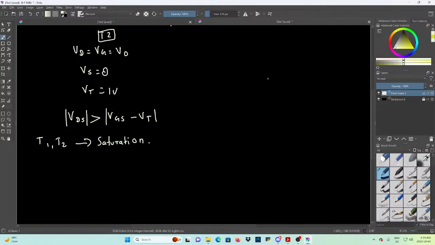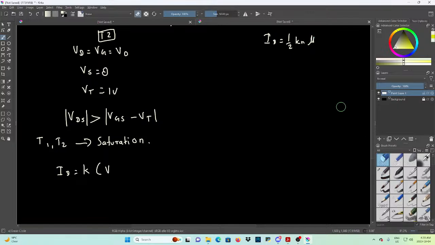And therefore we can use the current equation, that is ID is equal to K times VGS minus VT square. Okay, it should be half. If you look at the drain current equation, that's half Kn mu naught.